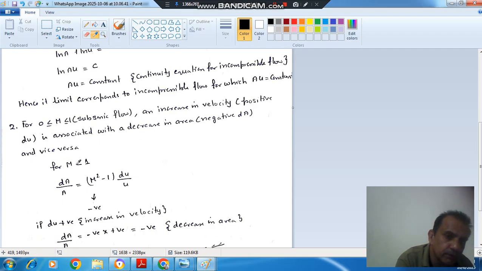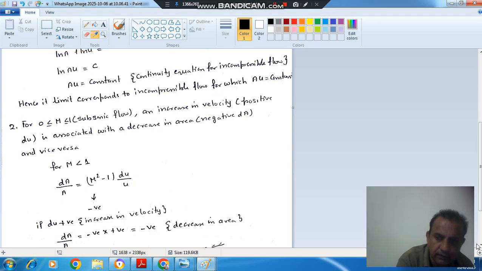How? If we take M less than 1, then this term will be negative. Now if we take du positive, then this will be positive. So negative into positive will be negative, and that is equal to dA by A. So it means area is decreasing when we increase the velocity.